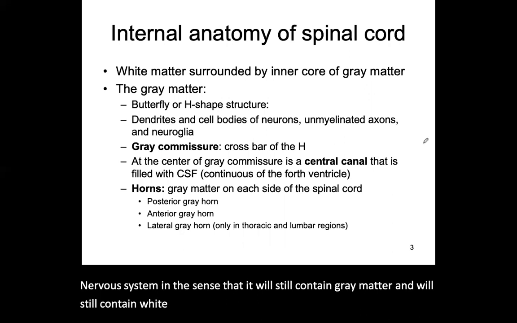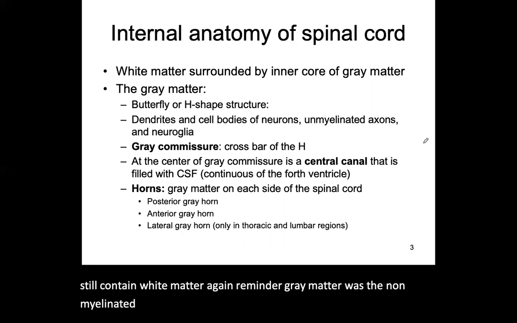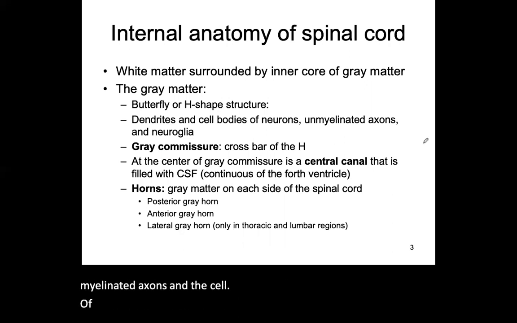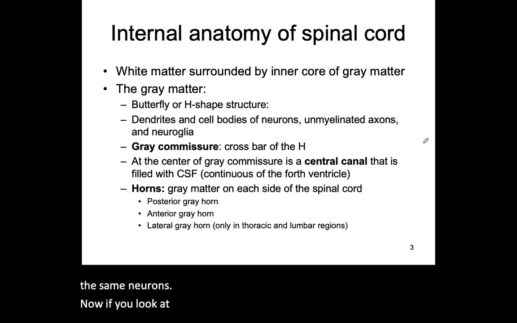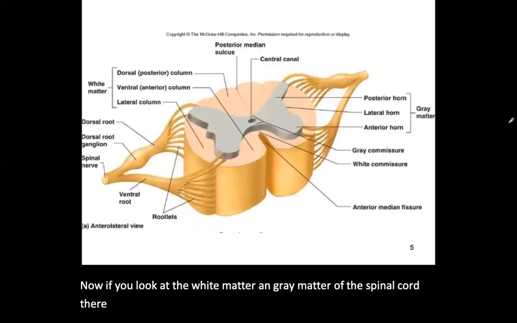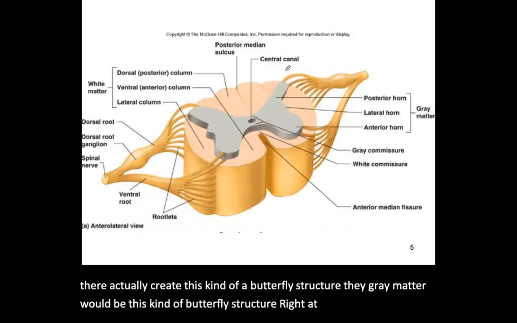Again, reminder, gray matter was the non-myelinated axons and the cell bodies of neurons, versus white matter, which is the myelinated axons of the same neurons. If you look at the white matter and gray matter of the spinal cord, they actually create a kind of butterfly structure. The gray matter is this butterfly structure right at the center of the white matter within the spinal cord.